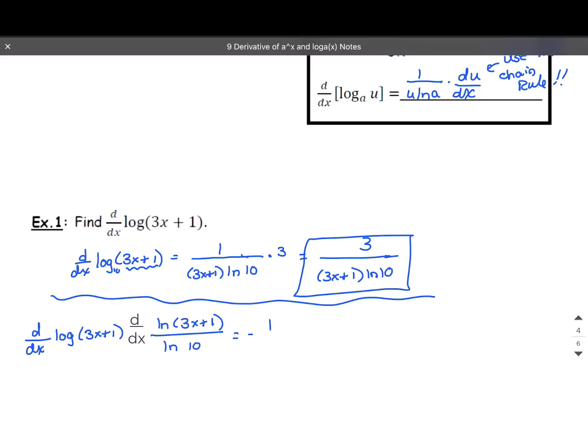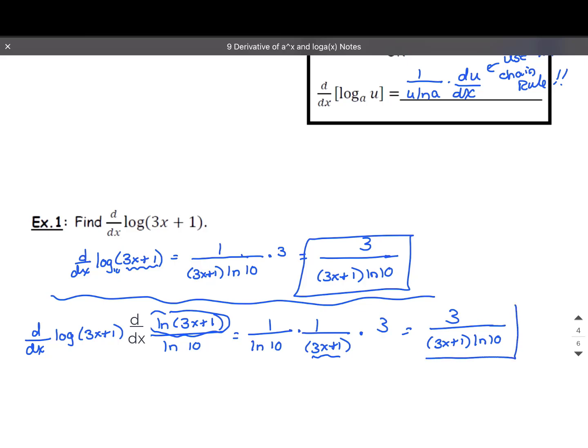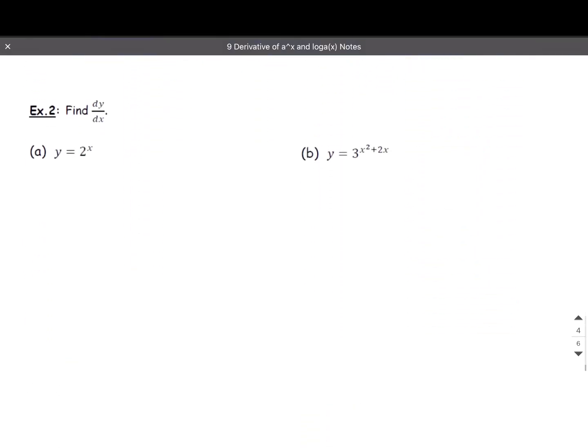The natural log of 10 is a constant, so it stays, times the derivative of a natural log of something is 1 over the something, times the derivative of the 3x plus 1 is 3. And notice you get the exact same answer. So the question is, do you want to memorize the new rule, or do you want to use the process using the change of base formula? That's up to you.